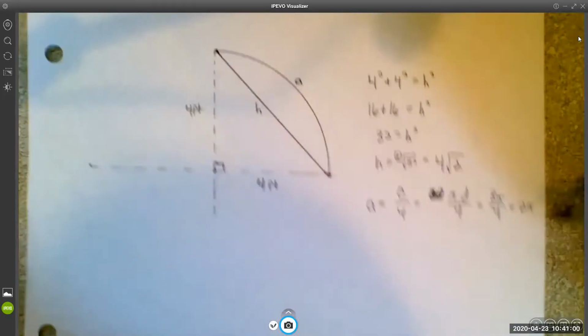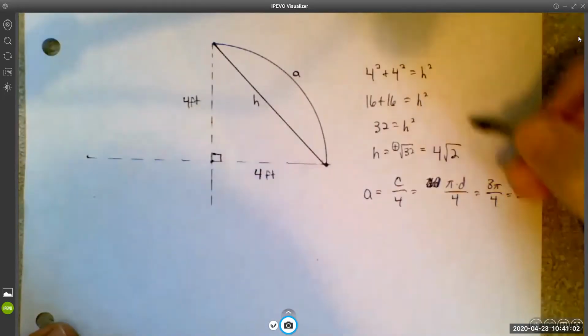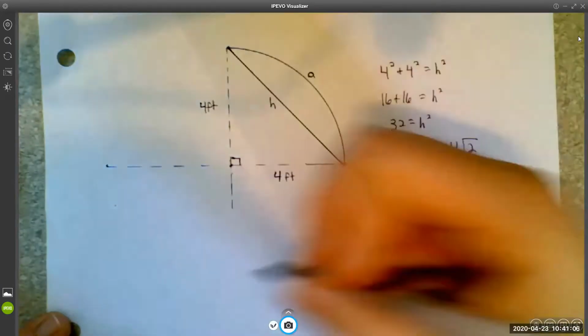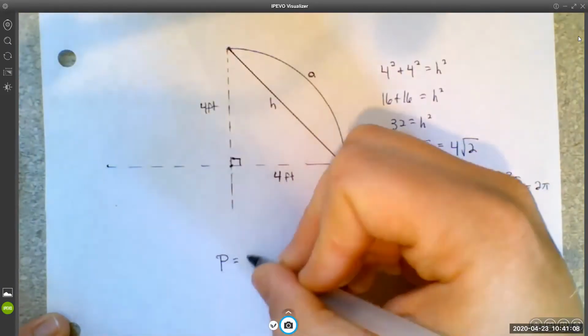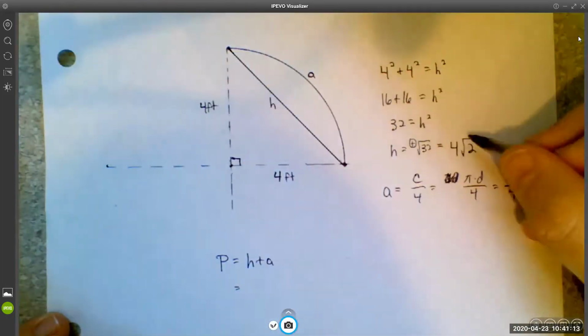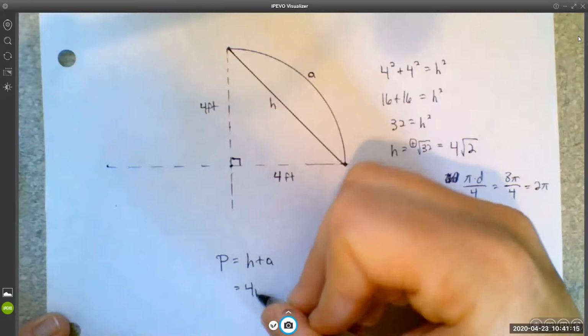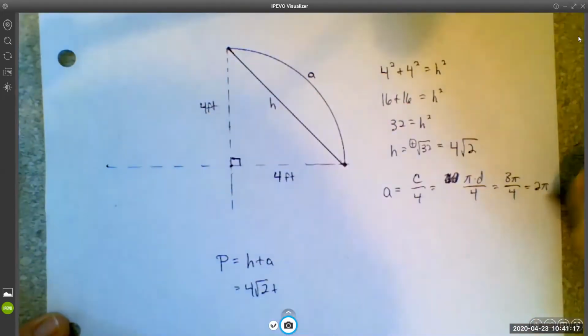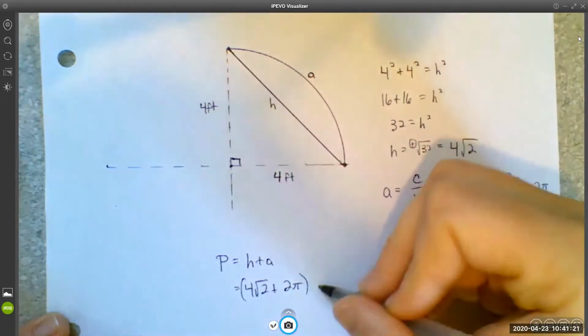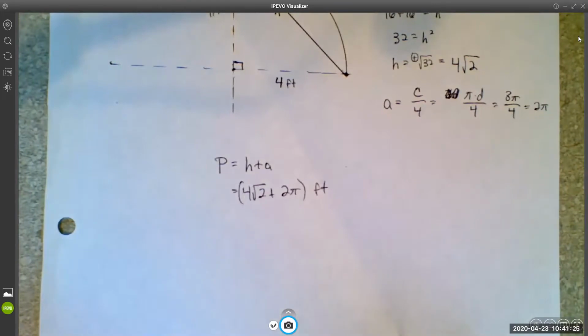Okay, so h is 4 root 2, A is 2 pi. That means that the perimeter would be h plus A. That's 4 root 2 plus 2 pi. And that, my friends, is the exact answer. It's not a very pretty answer, but that is the exact answer.